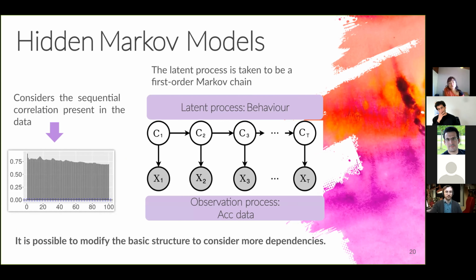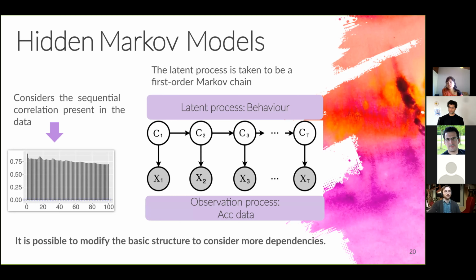As I told you before, the data possess high sequential correlation. To take that into account in the analysis, we propose to classify the data using hidden Markov models. A hidden Markov model, or an HMM, is basically a model that has two different processes: a latent process, which is what we do not observe, and an observation process.